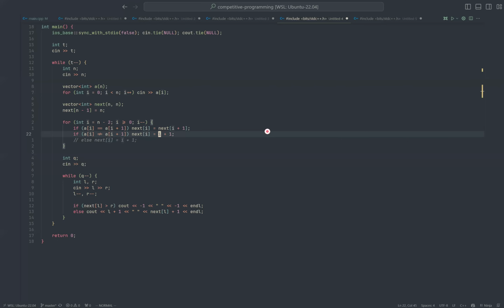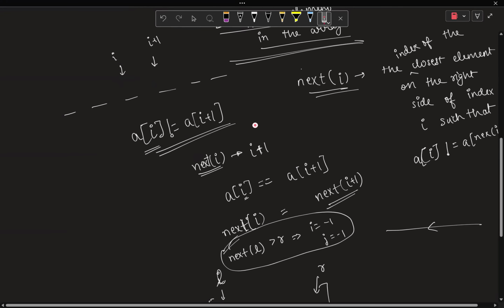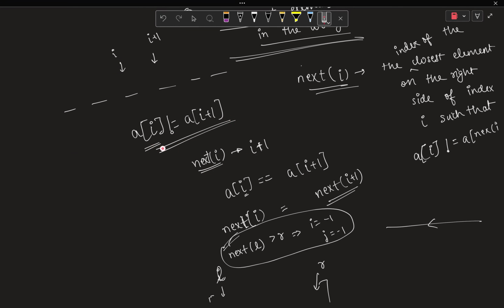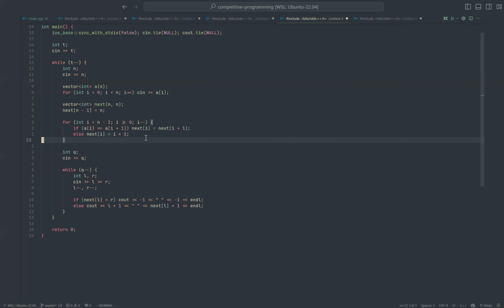Somebody even gave this answer when I asked the question: if this element is not equal to this one, then the next element different from this one is on the right side. So I have just written else here, which is the same thing, that the element is not same.